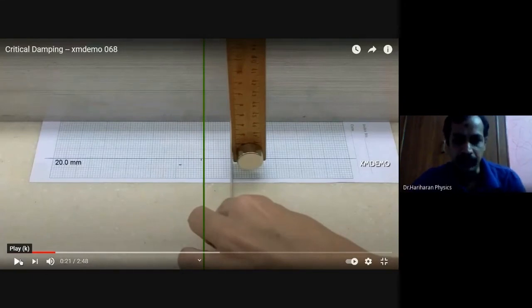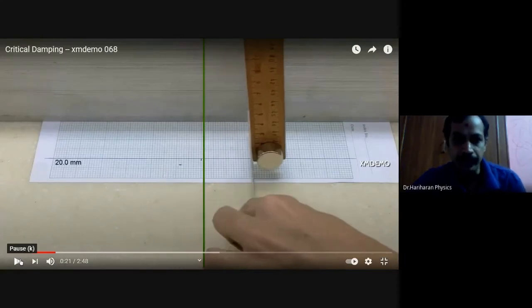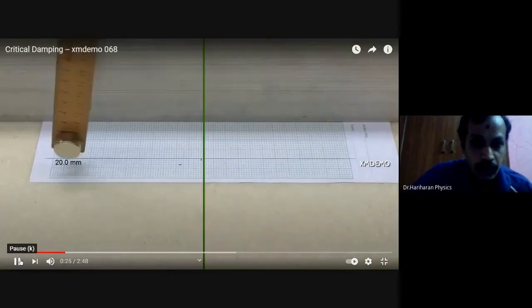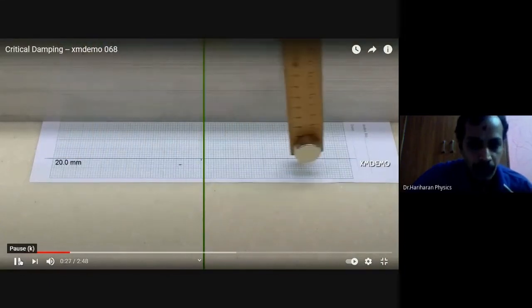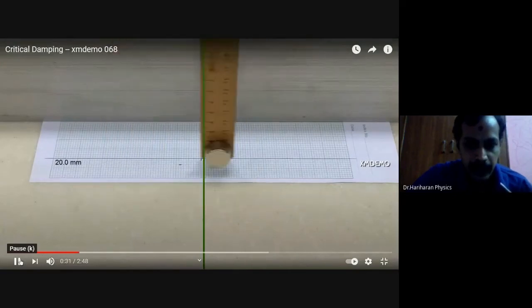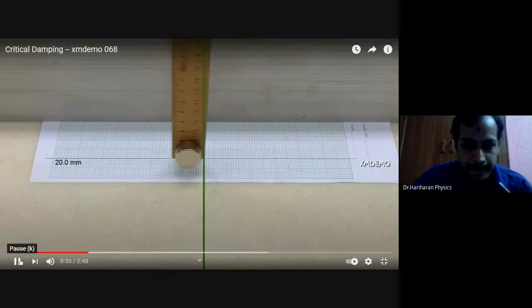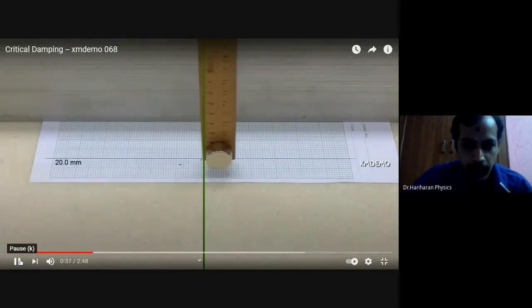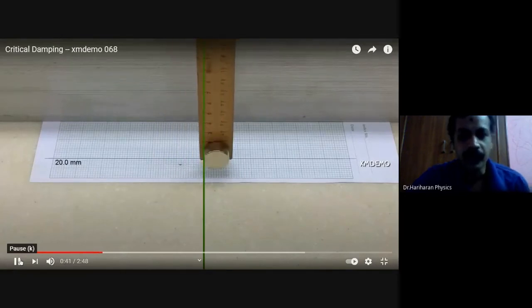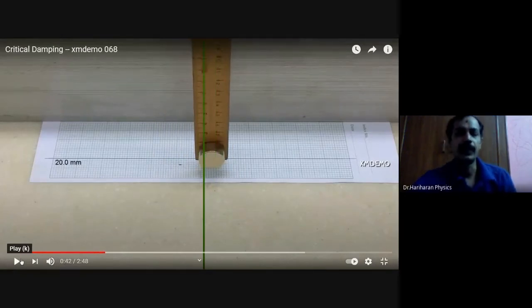Now let us see how many oscillations it will do. 1, 2, 3, 4, 5, 6, 7, 8, 9, 10, 11, 12, 13, 14. So after some 14 or 15 oscillations, the particle will come to rest.